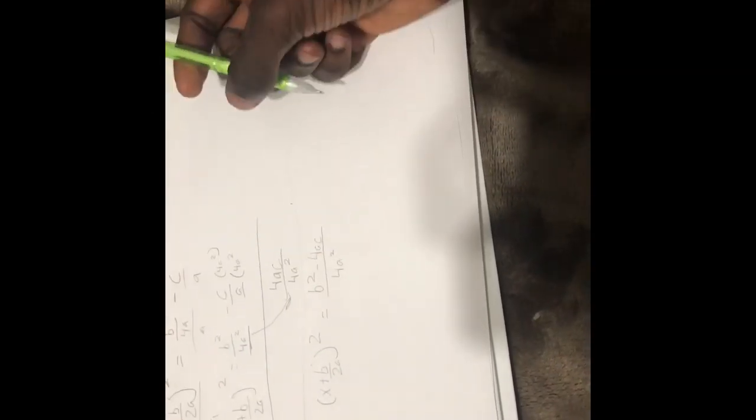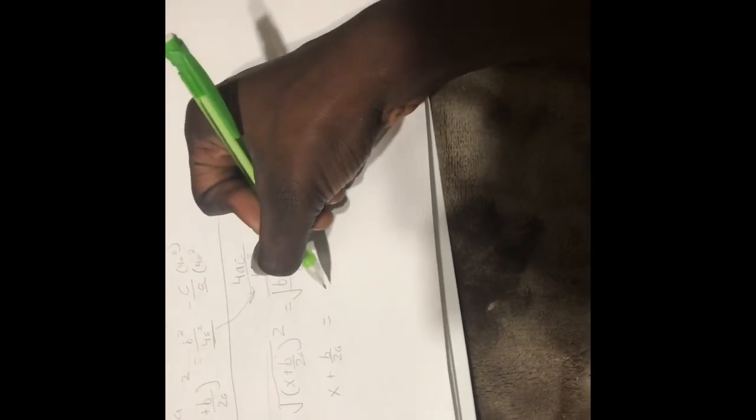At this point, to get rid of the square, we're going to take the square root of both sides. We do that here, and there. Then we're left with x plus b over 2a equals, and when you do the square root, you have to have a plus or minus.